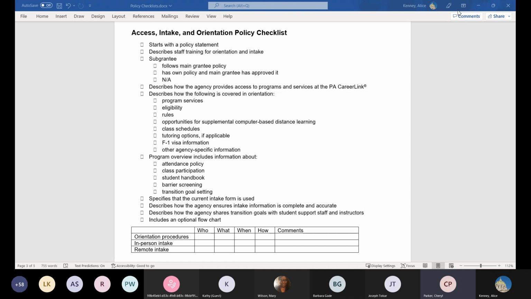You may have had a lot more requirements recently, such as all staff and students must wear masks inside the building, or maybe you ask students to sign acknowledgement that they have received and reviewed the student handbook or their assessment scores, for example. Not required, of course, but if your agency has specific expectations, those should be in the policy and procedures. Continuing, Mary will walk you through the next checklist. Mary, on to you.